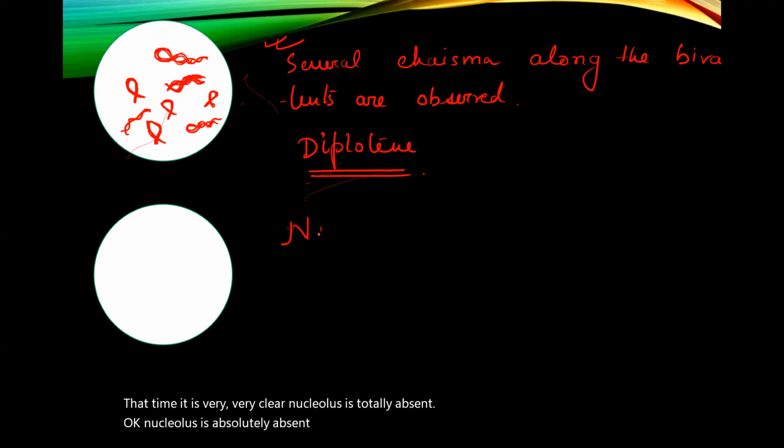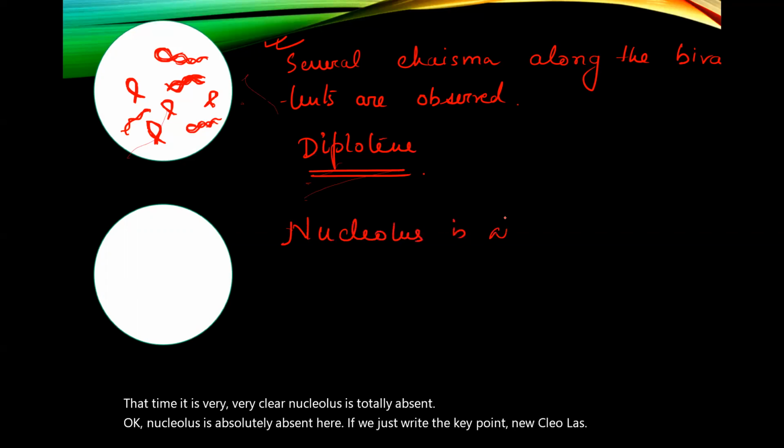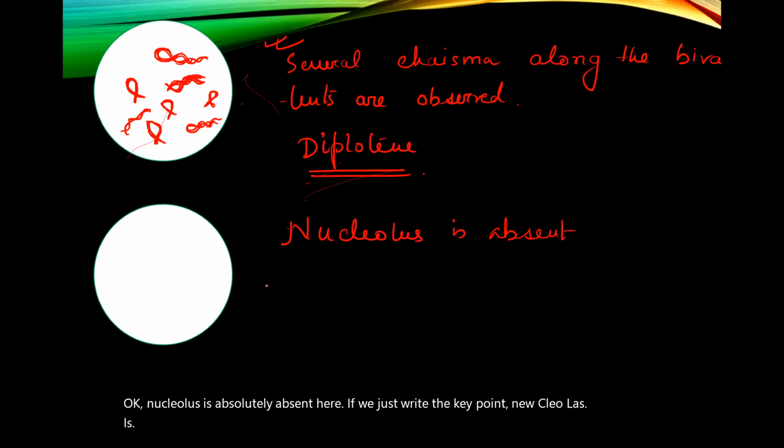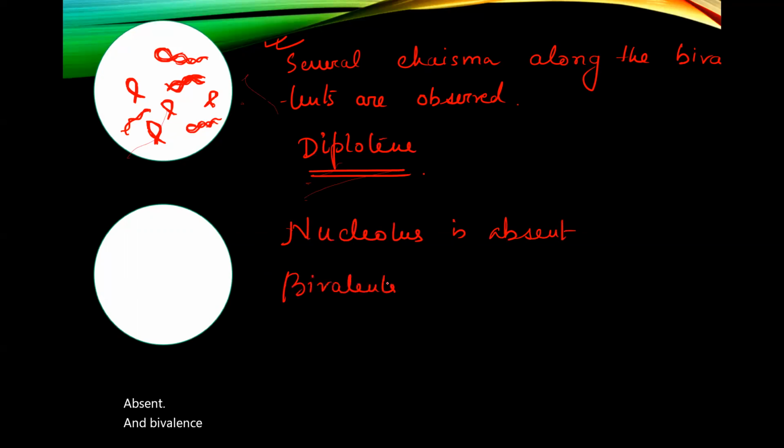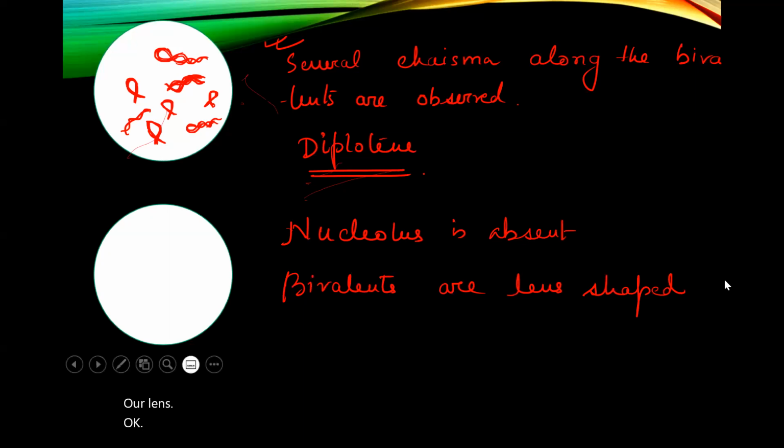If we just write the key point: nucleolus is absent and bivalents are lens shaped or scissor shaped.